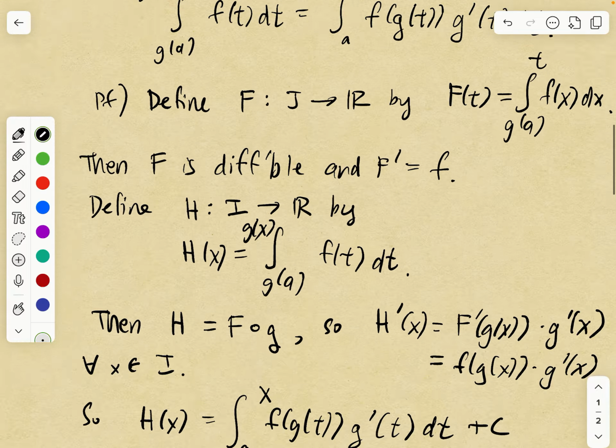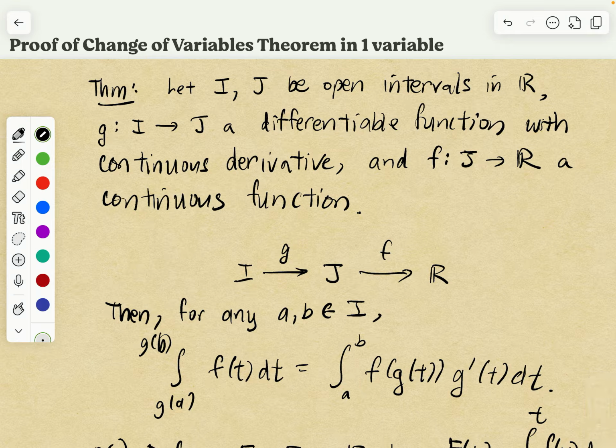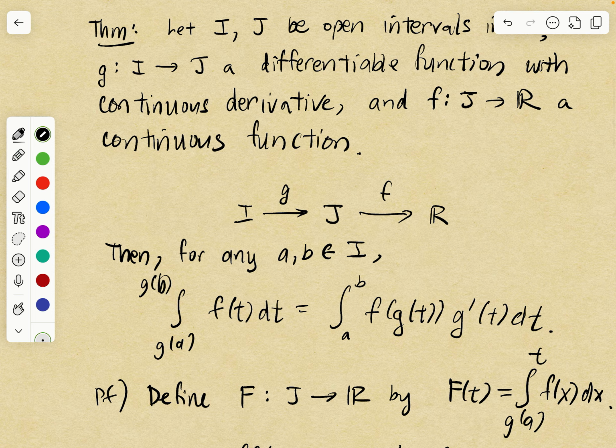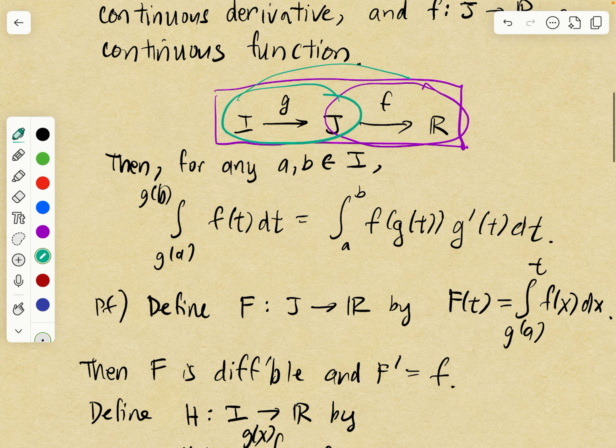So this u-substitution is actually a theorem, the theorem that we just proved. And this is called the change of variables theorem. In calculus, they usually don't call it that, but this really is a change of variables theorem. If you look at this diagram, you have a function from an interval to the real numbers, and it's hard to evaluate the integral, but if you have this function g from another interval to the domain of f, then you can look at the composition f composed with g and integrate that.